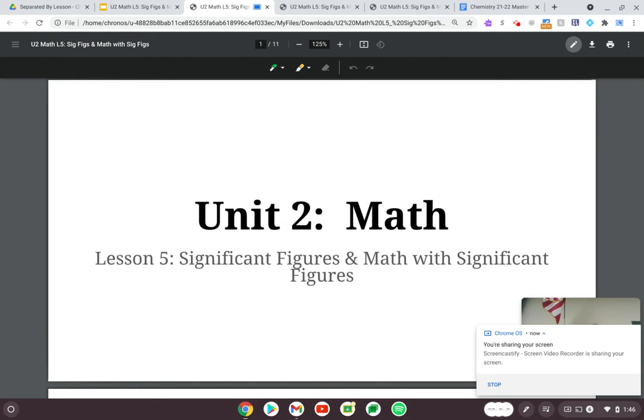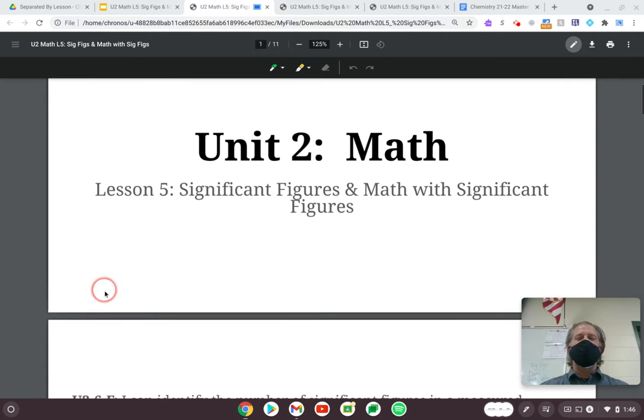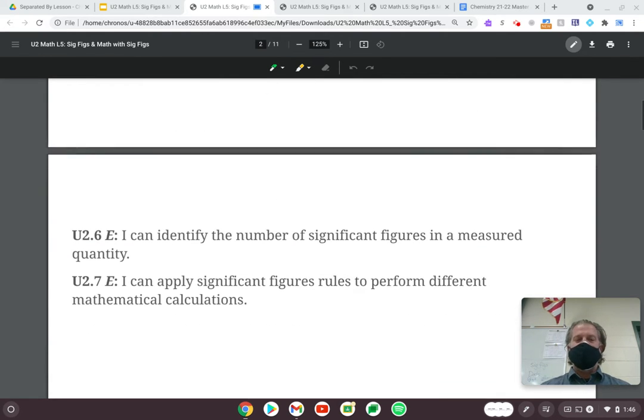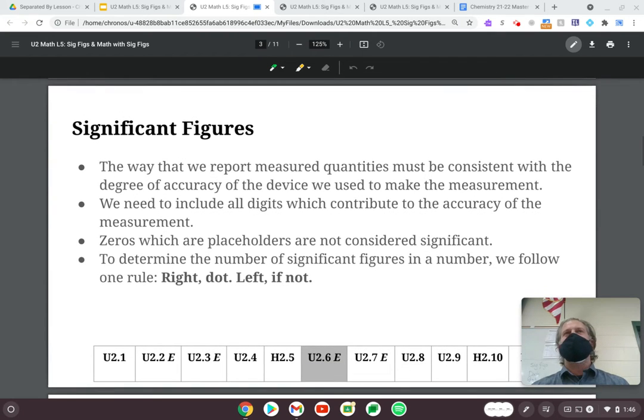All right. Today's lesson is about something that we call significant figures and math of significant figures in chemistry. One of the things that is important to understand about significant figures and what they mean is it's more of an issue about what we do with numbers we collect in lab. The problem with the way that we teach significant figures is that in order to understand, we have to learn some rules first.